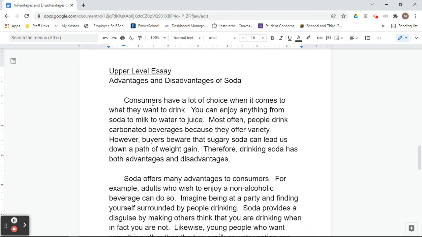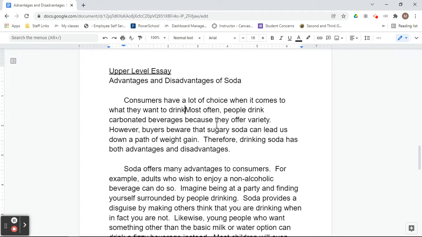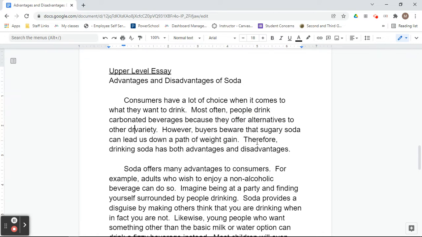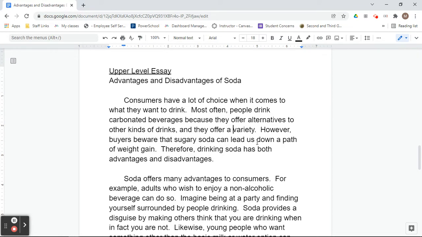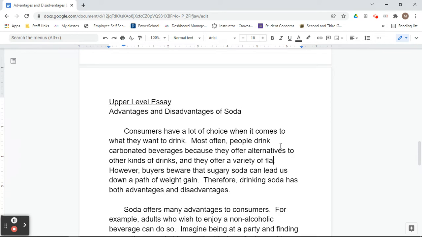So maybe up here I'll say consumers have a lot of choice when it comes to what they want to drink. You can enjoy anything. And I think I'll take this line out and just say most often people drink carbonated beverages because they offer alternatives to other kinds of drinks and they offer a variety of flavors.